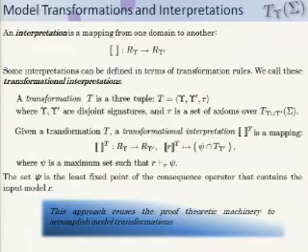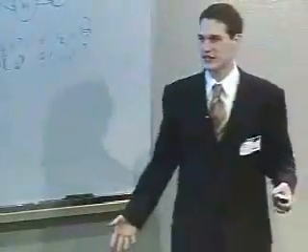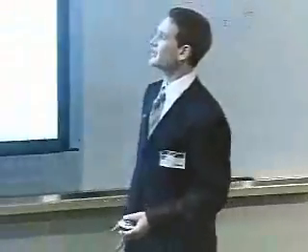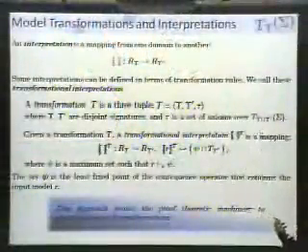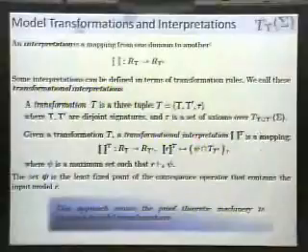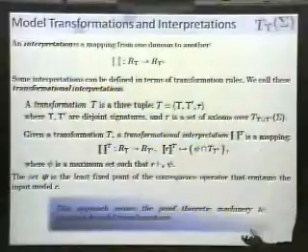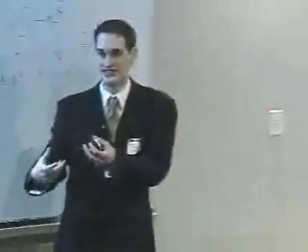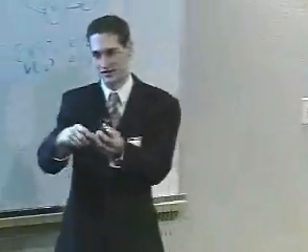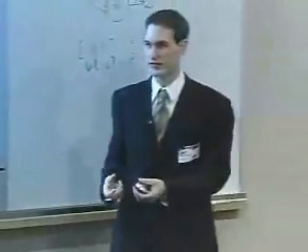Okay, now we have the notion of a domain, and now a model transformation or an interpretation is just a mapping from the sets of models in one domain to the sets of models in another domain. We want to be a little more precise and give a way to actually perform a transformation, to build rules that say how you take substructures in one model and produce substructures in another model.